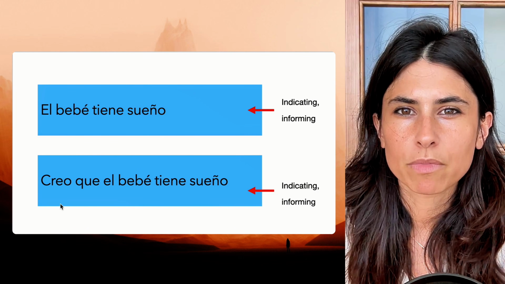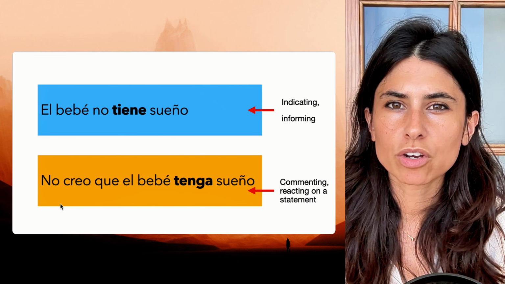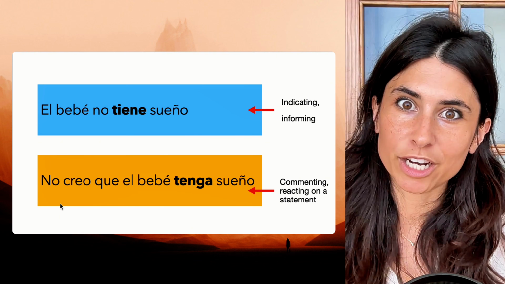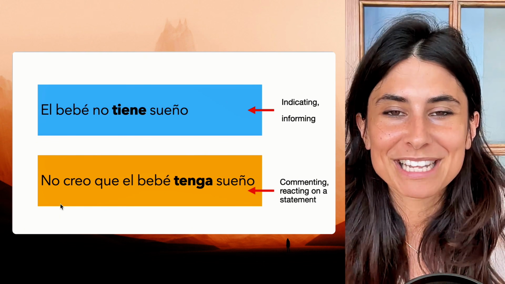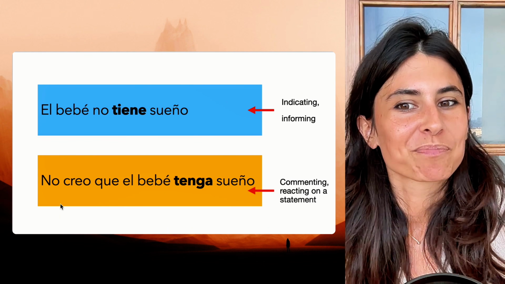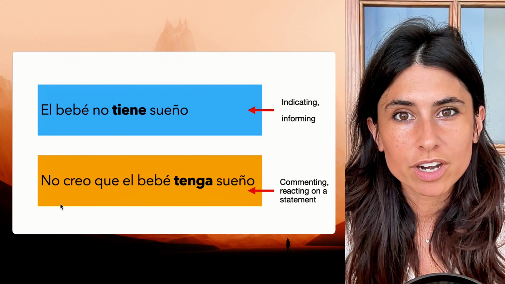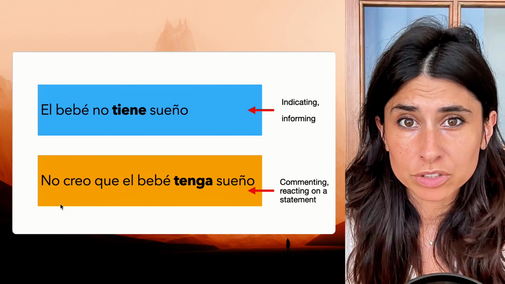It's a bit of the same versus no creo que el bebé tenga sueño. If someone came halfway through and heard me saying el bebé tiene sueño, they'll be wrong, because I don't think that the baby is sleepy. The baby is not sleepy, so I don't think so. So that's why here I want to make sure that I use subjuntivo.